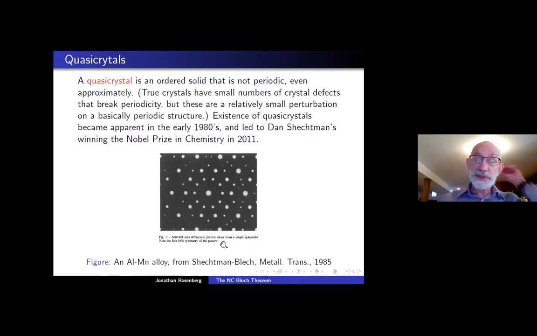Now, when you first look at this, you'd say, this is just a typical X-ray diffraction picture of a crystal. But when you look at it carefully, you see that it's not, because, for example, over here, you see a regular pentagon. And over here, if you look at the dots surrounding the central dot, there are 1, 2, 3, 4, 5, 6, 7, 8, 9, 10 of them. They are arranged in the pattern of a regular decagon.